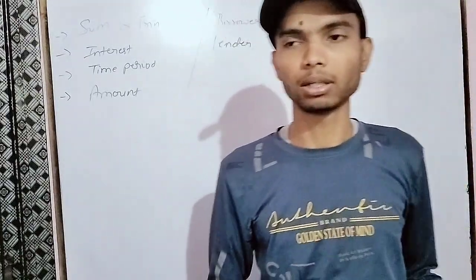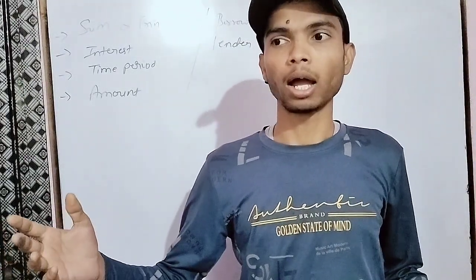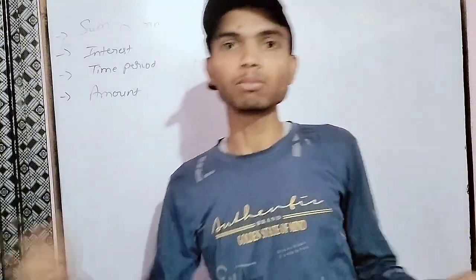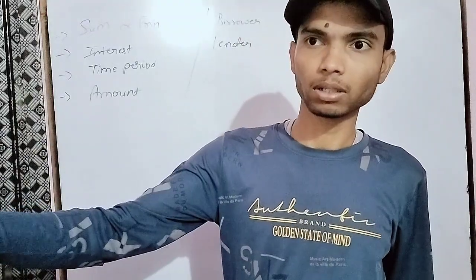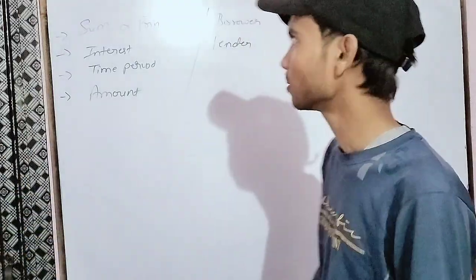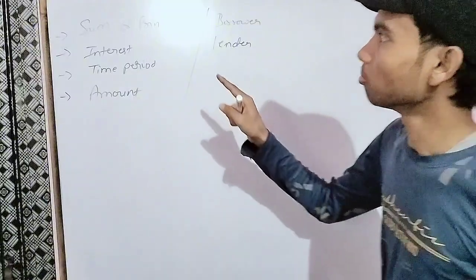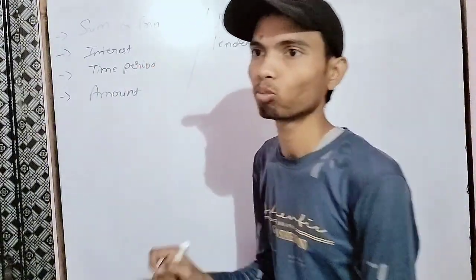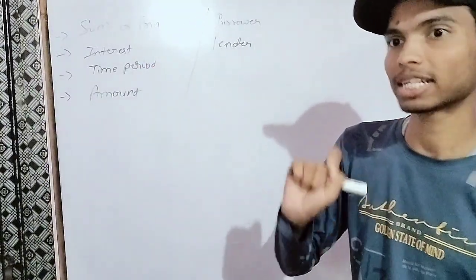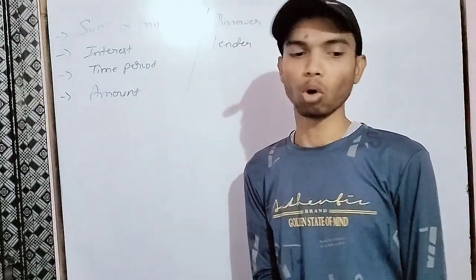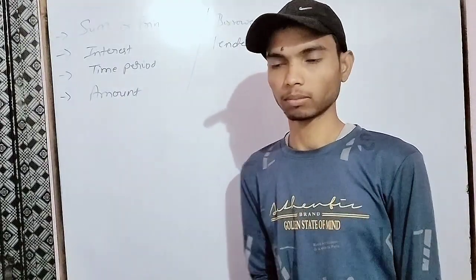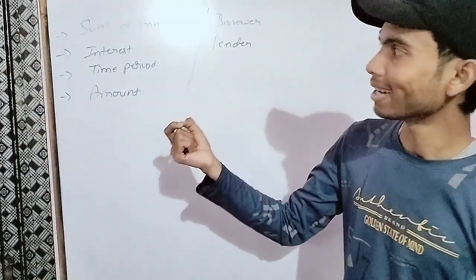Bankers are paid a salary, and the salary comes from interest. So interest is a way to earn money as a bank. Here we understood that interest is nothing but an extra payment with borrowed money. Clear?